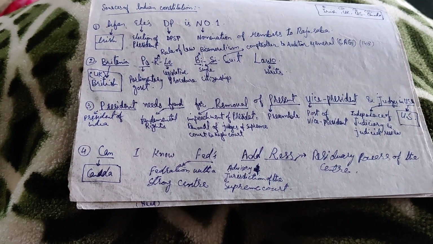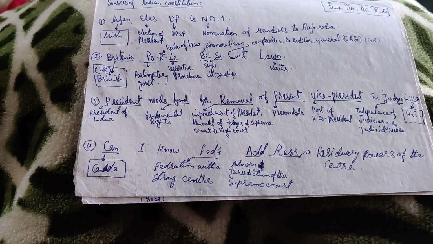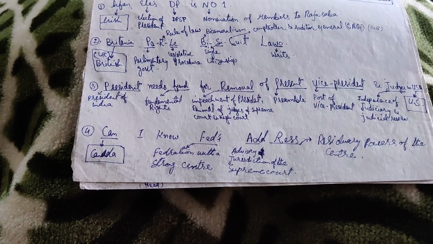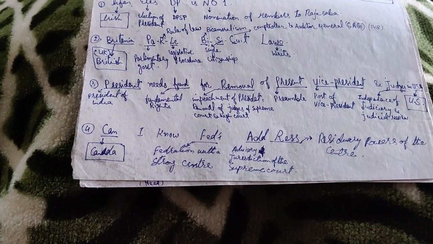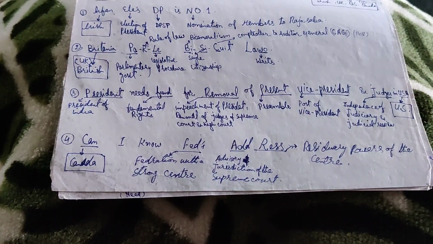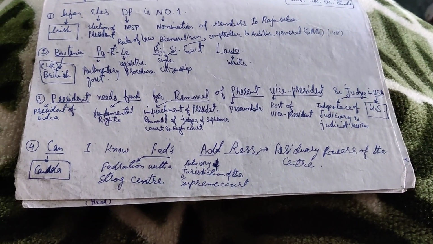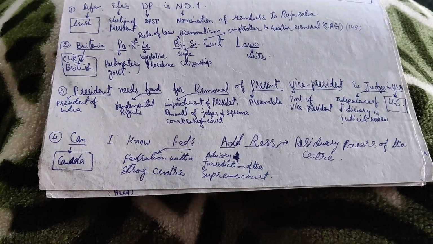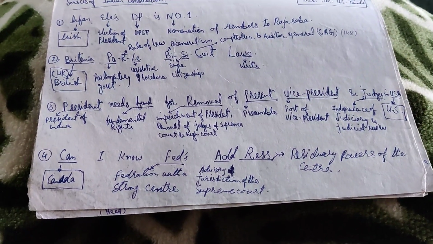CAN stands for Canada. FedEx stands for Federation with a strong center. AD stands for Advisory Jurisdiction of the Supreme Court. And RES stands for Residuary Powers of the Center.